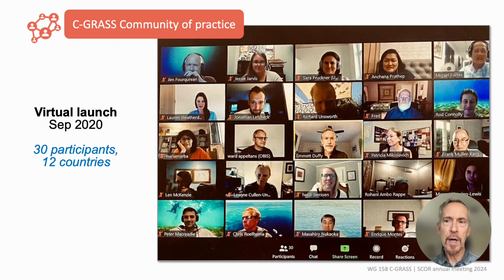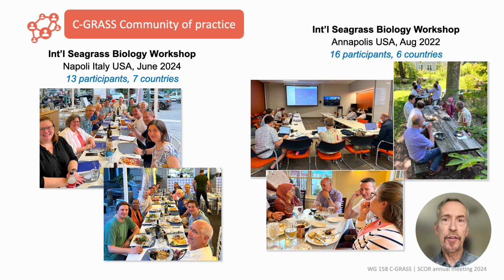And we had a number of plenary and working group meetings virtually after that, culminating in 2 in-person workshops. We were able to convene the first in 2022 in association with the International Seagrass Biology Workshop in Annapolis in the USA, and the second this last summer in Napoli in Italy, where we had 13 participants from 7 countries.